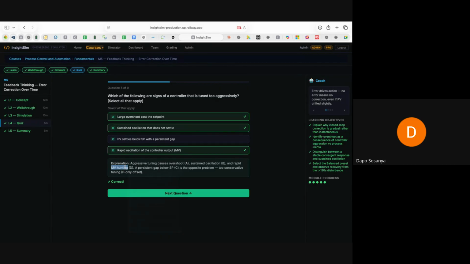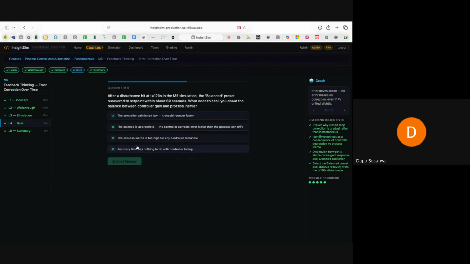Hunting essentially is oscillation, and we use it for control valves. When we hear valve hunting, it's going up and down, and it could be harmful to the valve, right? It is the controller that is issuing the MV, but it is the valve that is implementing that MV. So it's going up and down, opening and closing. It could be harmful to the valve.